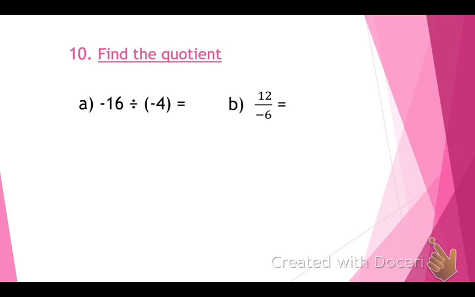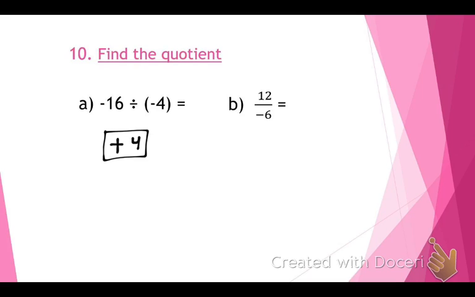Kyla, should my answer be positive or negative? She says positive. Kyla, why would it be a positive answer? Because both of the numbers are negative. There are two negative numbers there, and two negatives always equal a positive answer. So what's my answer? Positive 4. Positive 4 is correct. Great job.